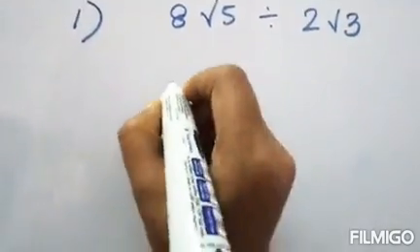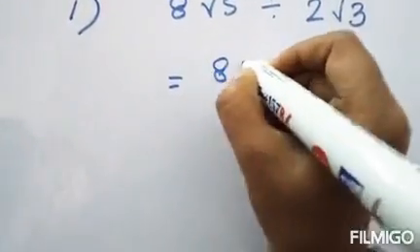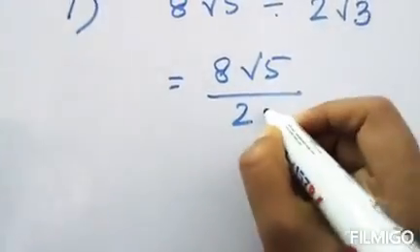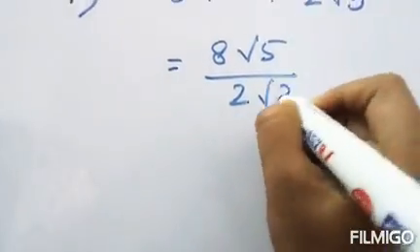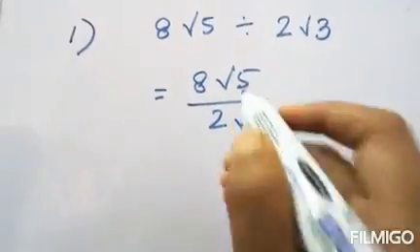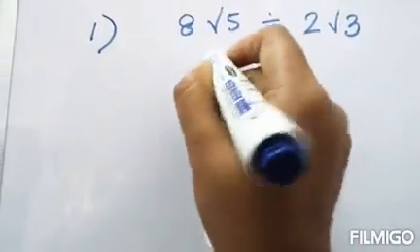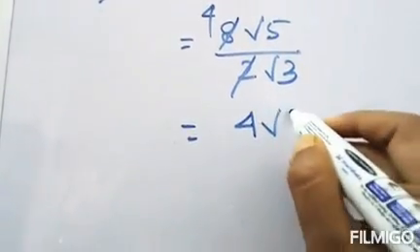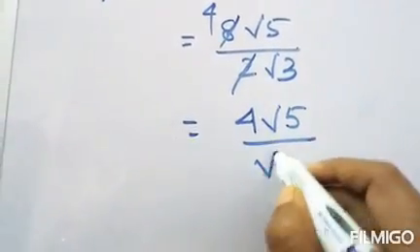Now what we will write, 8 root 5 by 2 root 3. Okay, this means what? 4. So my answer will come as 4 root 5 by root 3.